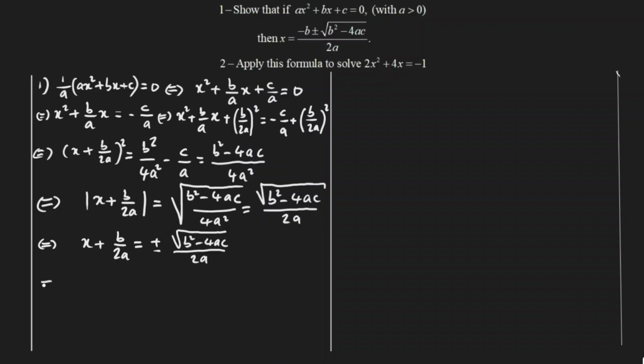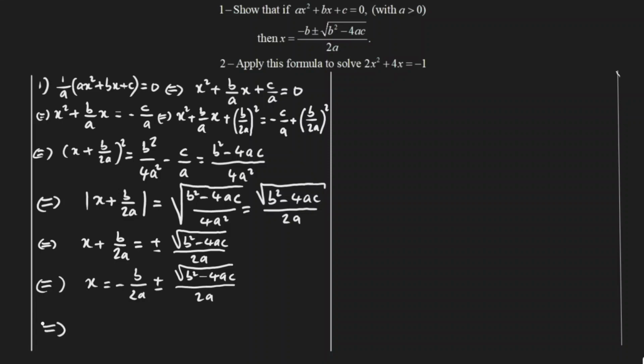So this is equivalent to x. If we put b divided by 2a to the other side, that will give us x equal to minus b divided by 2a plus or minus the square root of b squared minus 4ac, divided by 2a.